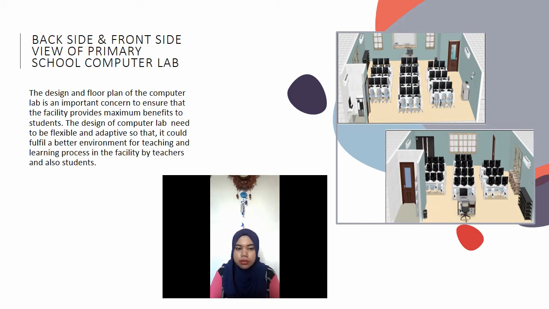And we also put a server in the server room for staff to control IT in our primary school computer labs.